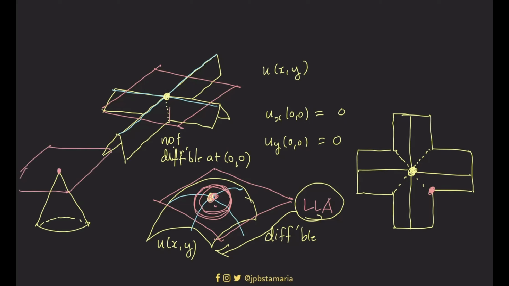Makikita nyo, at a certain point, pag nag-drawing ako ng vertical line, ito yung vertical line, ito yung functional value mo, pero ito yung approximation mo, malaki error. Diba? Yan yung error.